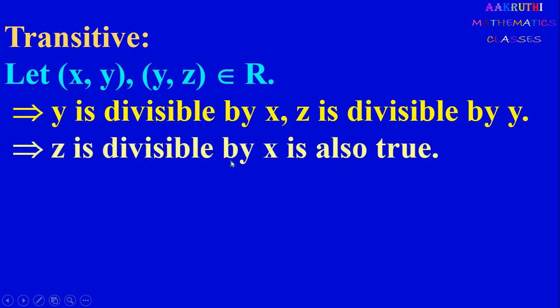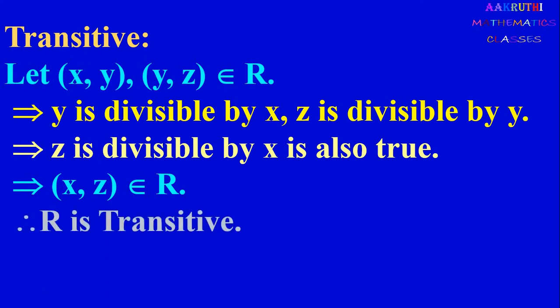So (x, z) belongs to R. We can consider an example: (1, 2) and (2, 6). 2 is divisible by 1 and 6 is divisible by 2, so 6 is also divisible by 1. It is true. Therefore R is a transitive relation.